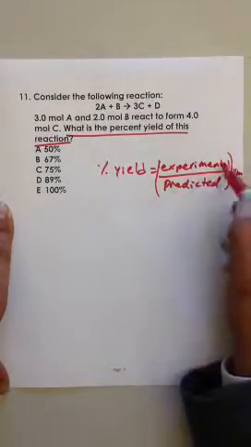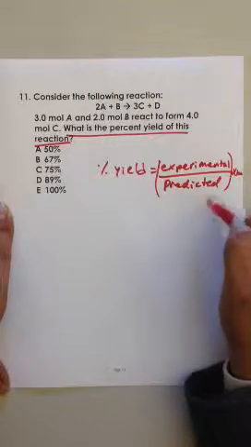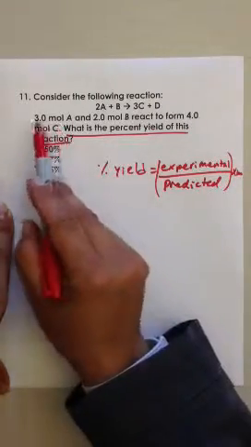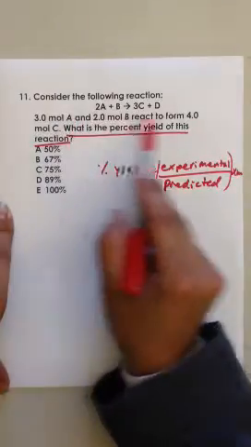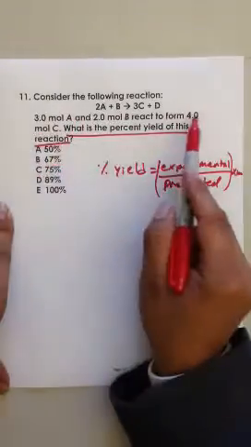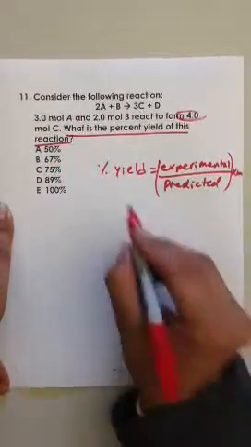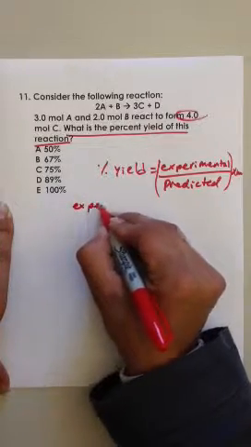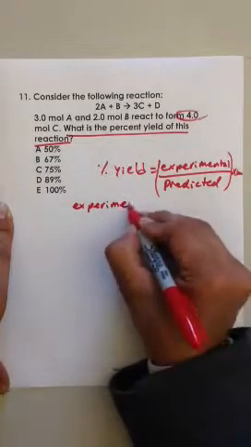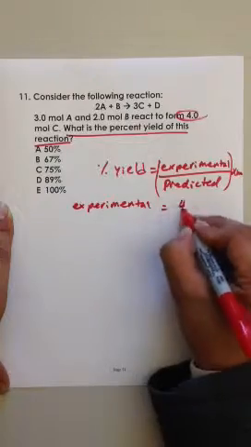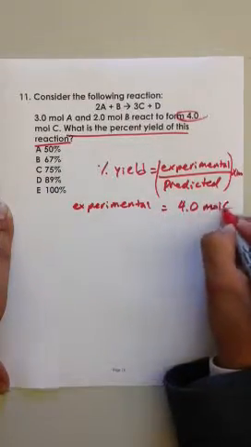It's to see how close you were to the known amount. So it looks like you have 2 reactants and they give you 4 moles of C. So that's what you get, experimental. So experimental is equal to 4.0 moles of C.